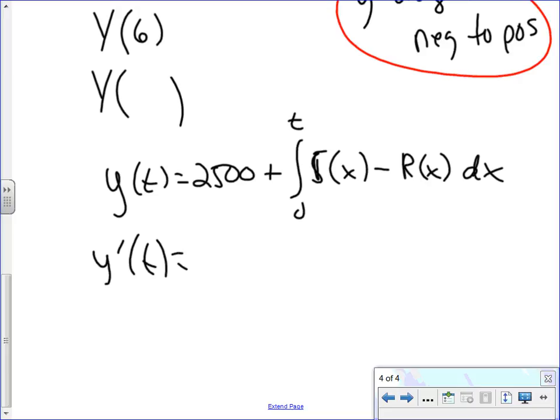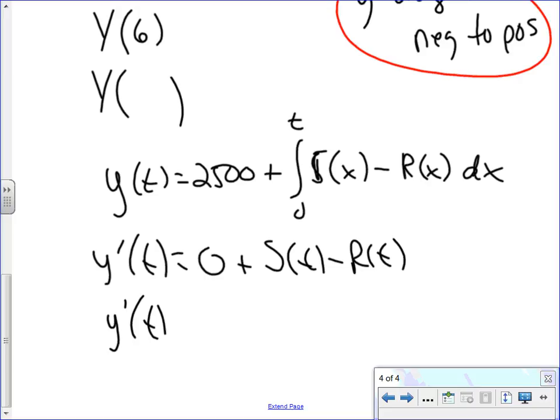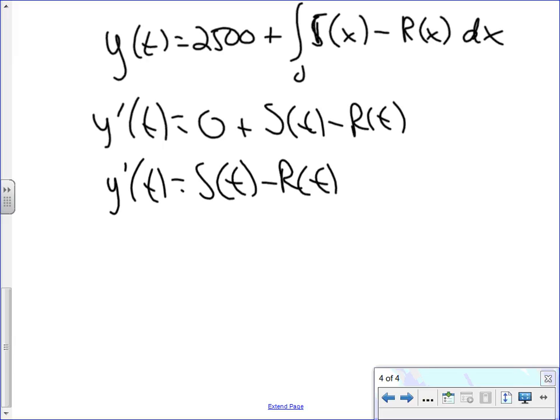Well, what's the derivative of 2,500? 0. And what's the derivative of the antiderivative? S of t minus R of t. So y prime is just S of t minus R of t. Okay, hold on a second. Does everybody follow what I just did? No.